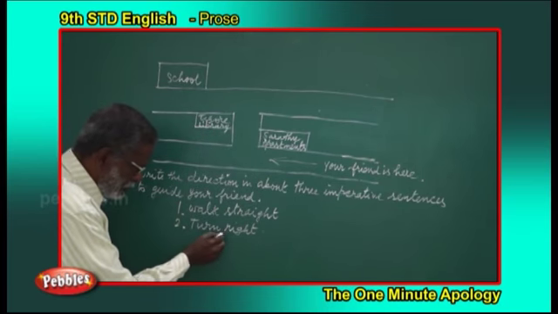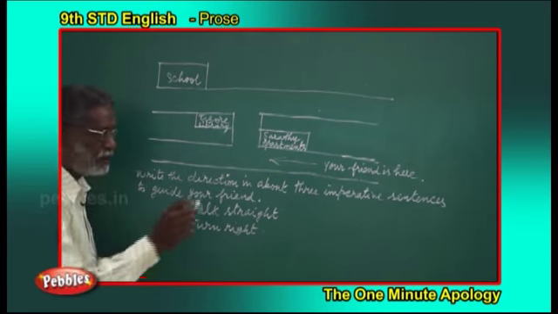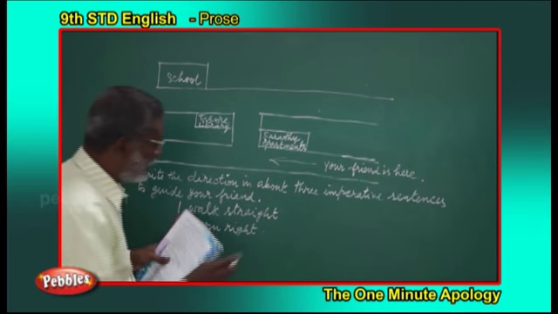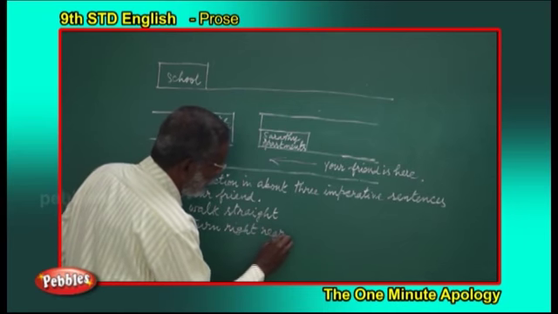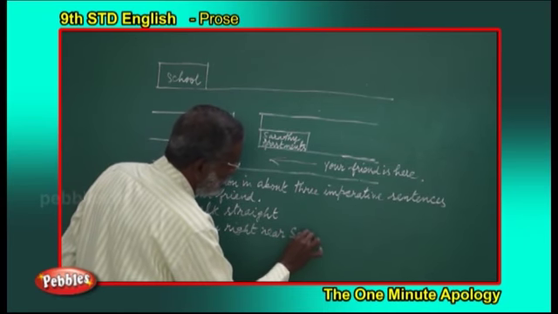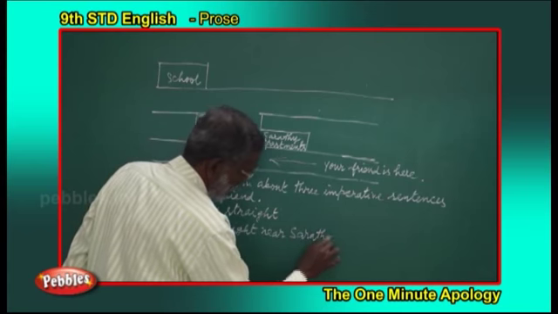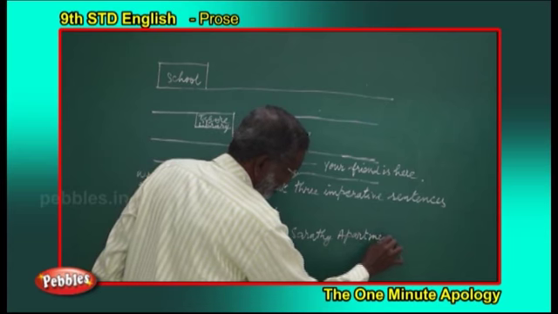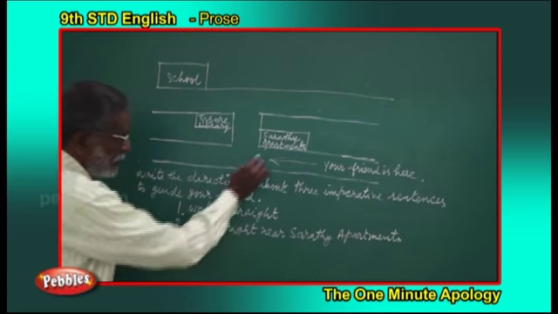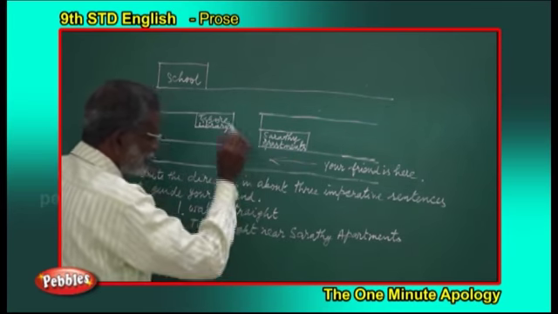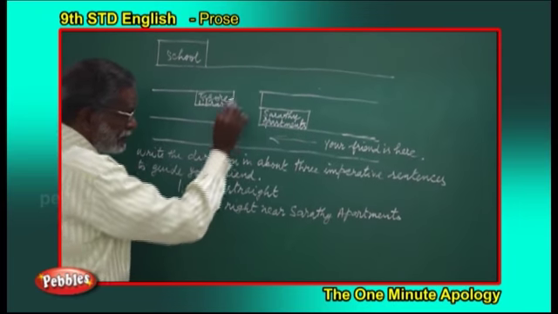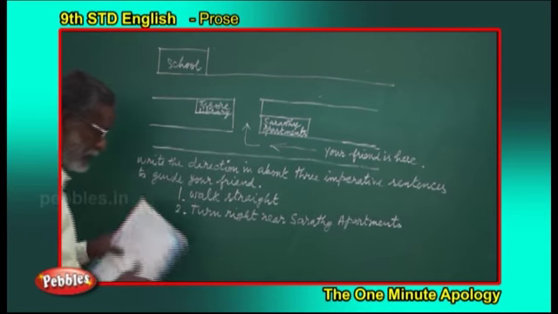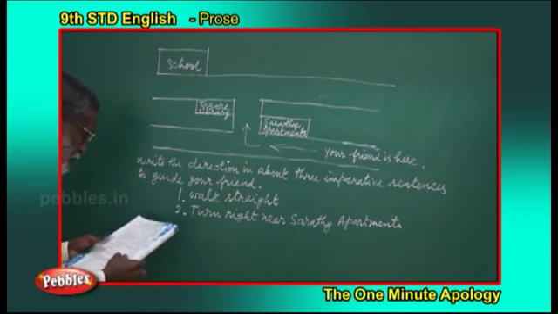If you write like this, you won't get marks. We have to add that also. Turn right near Sarathi Apartments. We are making use of this because it is given in the diagram. So we have to turn right near Sarathi Apartments.